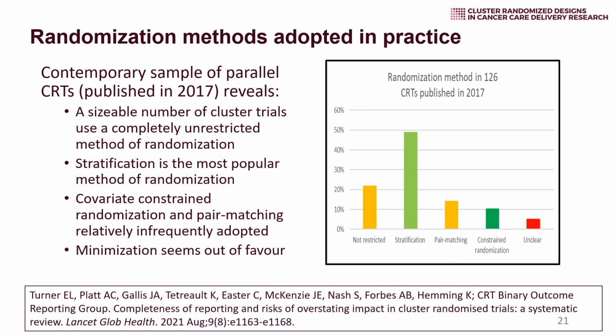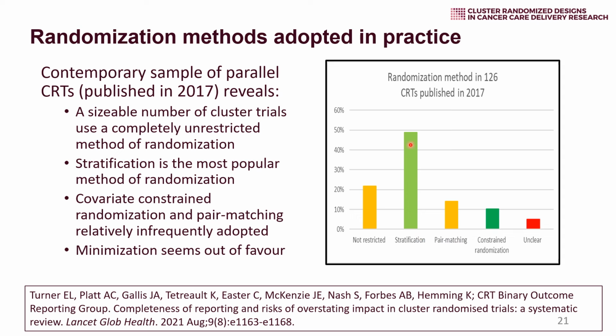Okay, so what methods of randomization are adopted in practice? Well, a contemporary sample of parallel cluster trials, published in 2017, reveals that a sizable number of cluster trials use a completely unrestricted method of randomization. These are the ones depicted in orange on the chart.